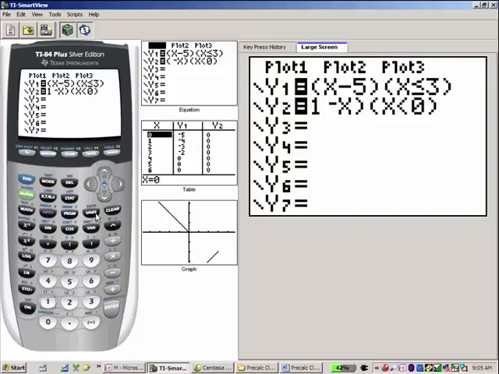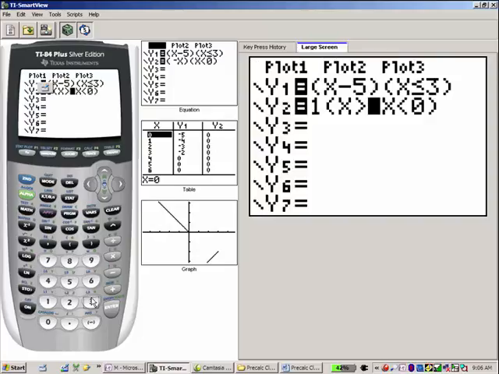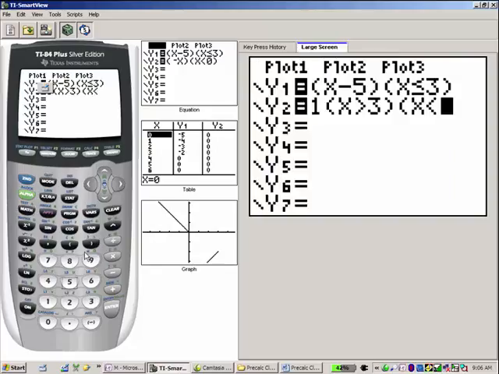Alright, now here I have 1. Now, this one's tricky. If you want to do it on your calculator, you can't, because your calculator doesn't understand it. So you have to do x is greater than 3 and x at the same time is less than 5.